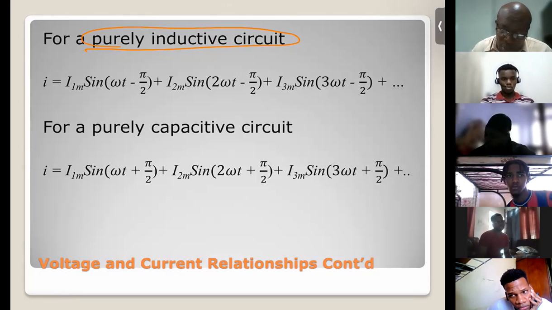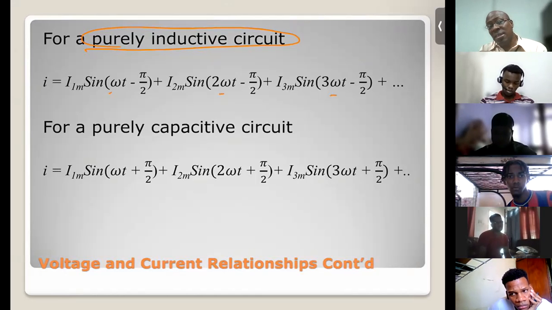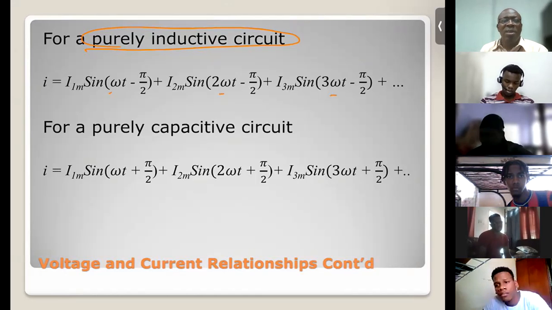So each component of the current, the fundamental, the second harmonic, the third harmonic, will all lag by 90 degrees. And it is 90 degrees because we are dealing with an inductor.